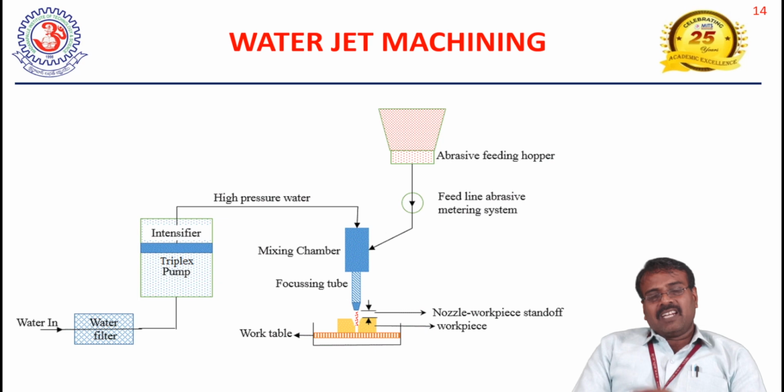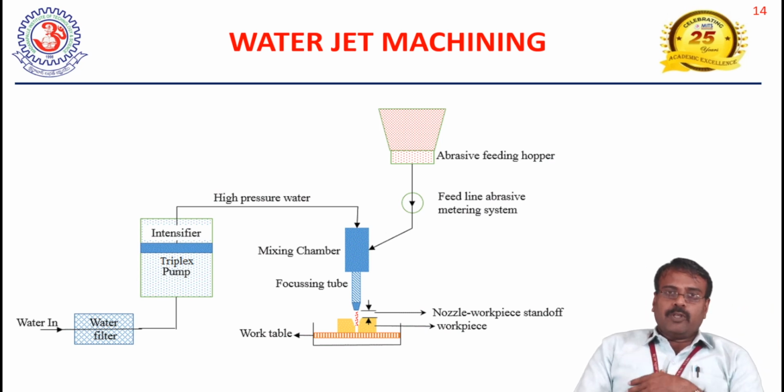The outlet of the intensifier will be high pressurized water. That water is allowed to go into the mixing chamber. In the mixing chamber, if you want, we can add abrasives. Otherwise, we can directly allow it to the focusing tube, and the focusing nozzle is kept at some standoff distance. That is a parameter we have to follow, so that by using it we can do the machining process.